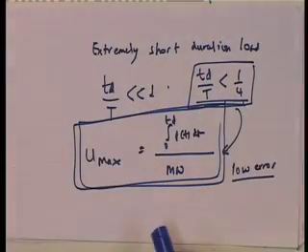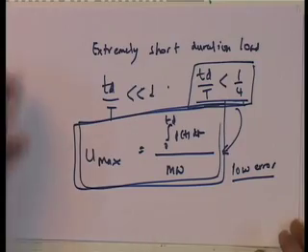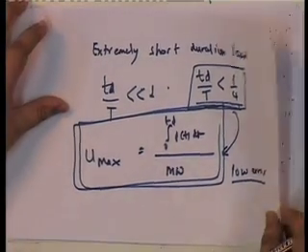If T_d by T is much less than 1/4, then the maximum is given by the impulse divided by m omega. This is what we get from the pulse load characteristics, and we also looked at how to characterize impulse loads directly from that.